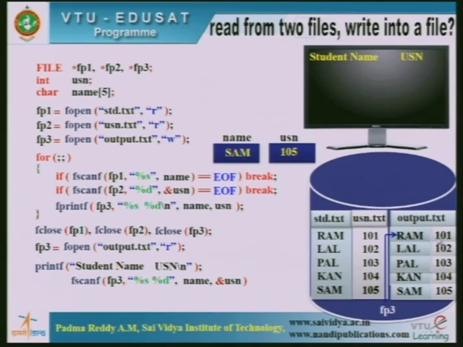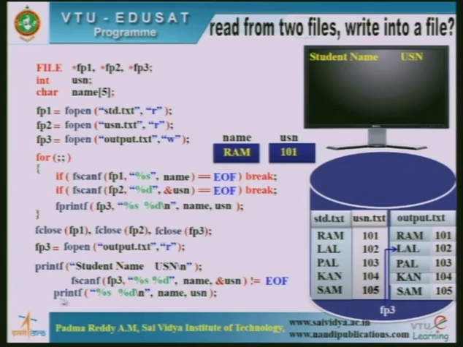One name RAM and 101 is copied into name and usn, and then automatically the pointer points to the next name. Is it not equal to end of file? Definitely it is not equal to end of file. So, let us print name and usn on the screen.